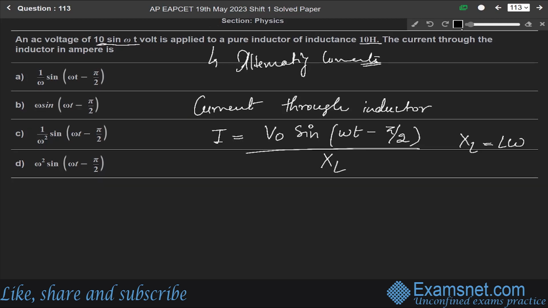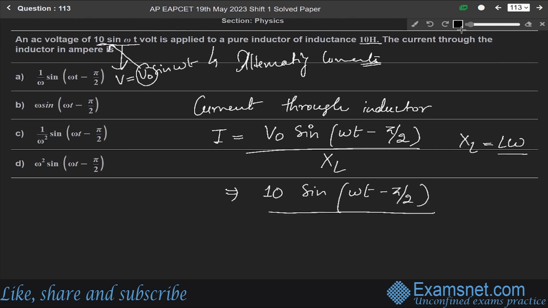Okay, where impedance XL is equals to L into omega, L is the inductance, and so this will be equals to V naught. Comparing with this AC voltage, we are given V naught sine omega t. So here V naught is 10. So putting V naught equals to 10 sine omega t minus pi by 2 over XL, which is L into omega.